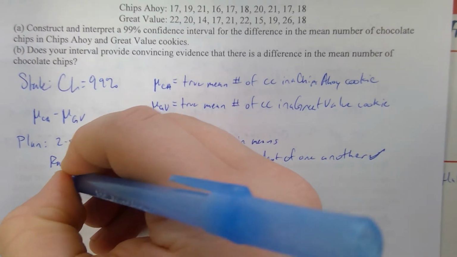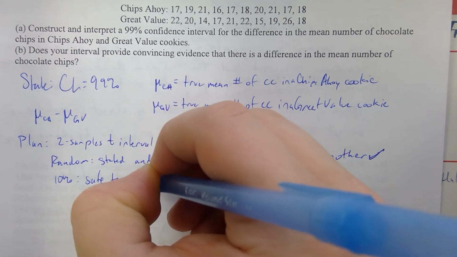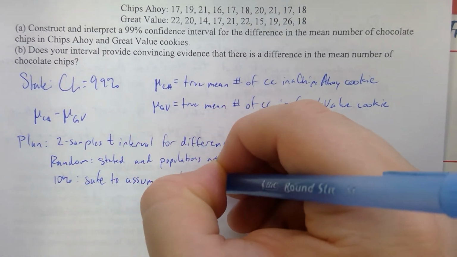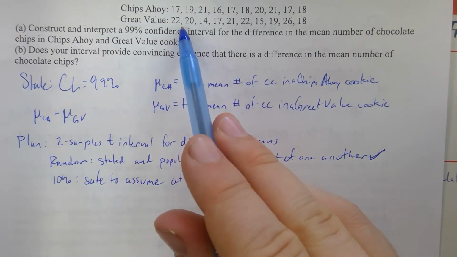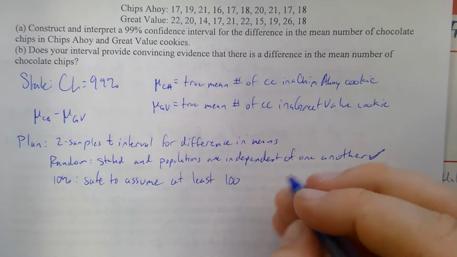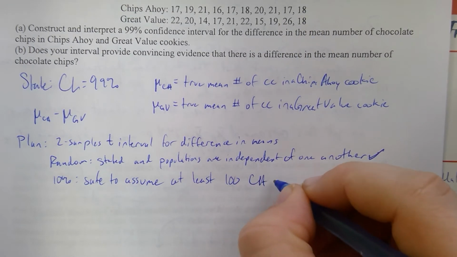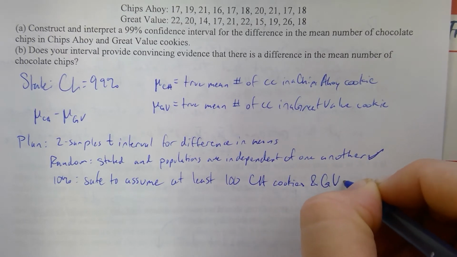Let's look at our 10%. It is safe to assume at least 100, because we did, let's see, 1, 2, 3, 4, 5, 6, 7, 8, 9, 10. Cool. At least 100 Chips Ahoy cookies and Great Value cookies.